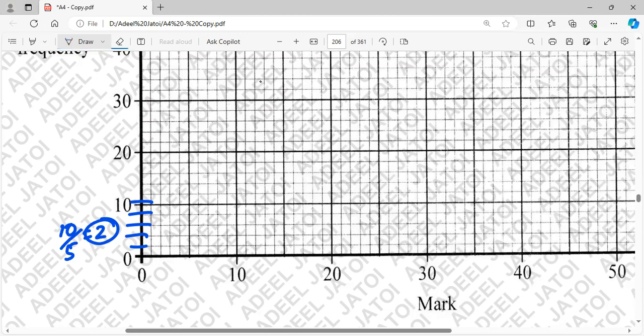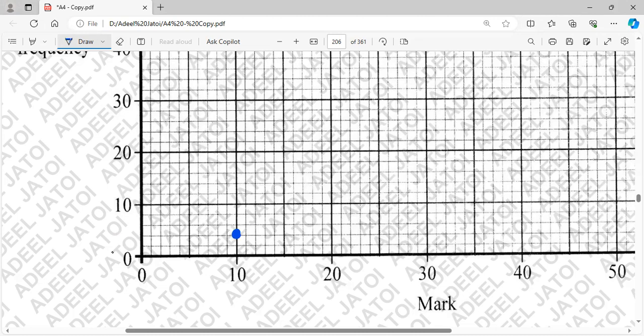If each box is representing 2, then 2, 4. This point will be representing 4. So at 10, we'll make sure that we mark down 4. This point will be marked.